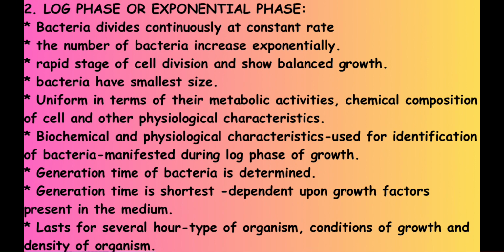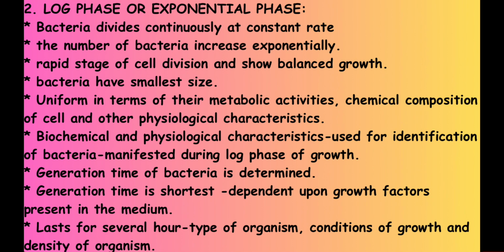And the bacterial population will be uniform in terms of their metabolic activities, chemical composition of cell and other physiological characteristics. Also the biochemical and physiological characteristics that are used for the identification of bacteria can be manifested during the log phase of growth.